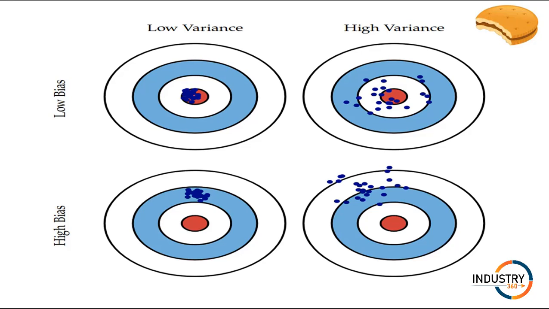In the third figure, the case is high bias and low variance, where the points are collected at one point but are outside the red circle. And in the last figure, the case is high bias and high variance, where the points are outside of the circle. This is not the ideal situation for us.